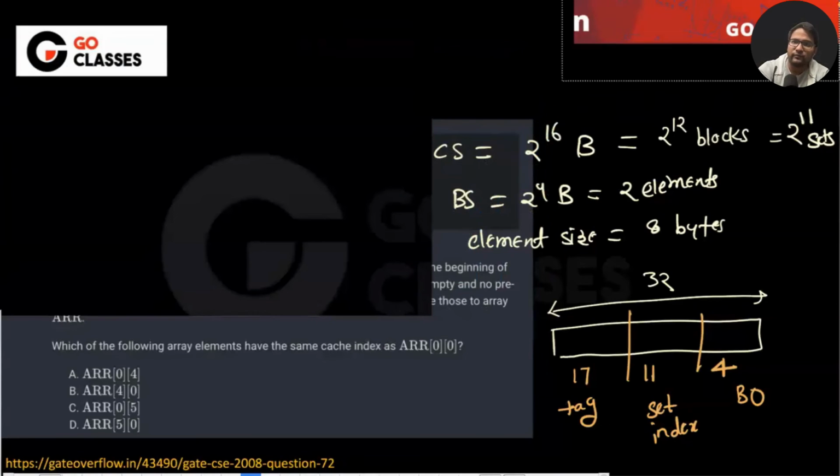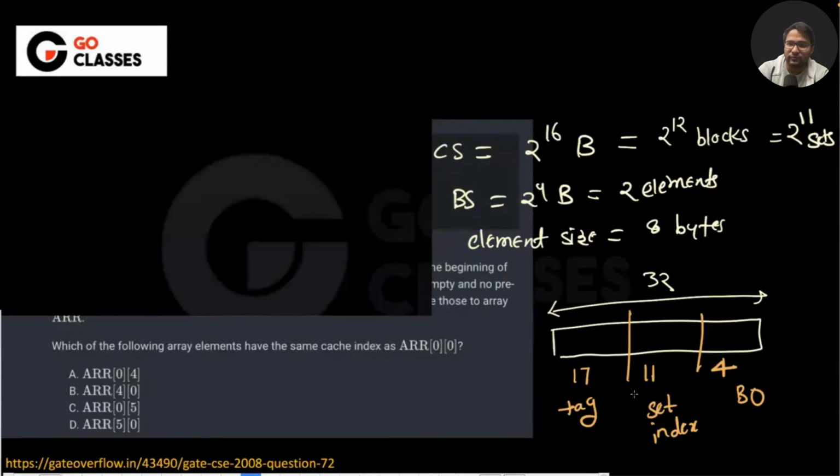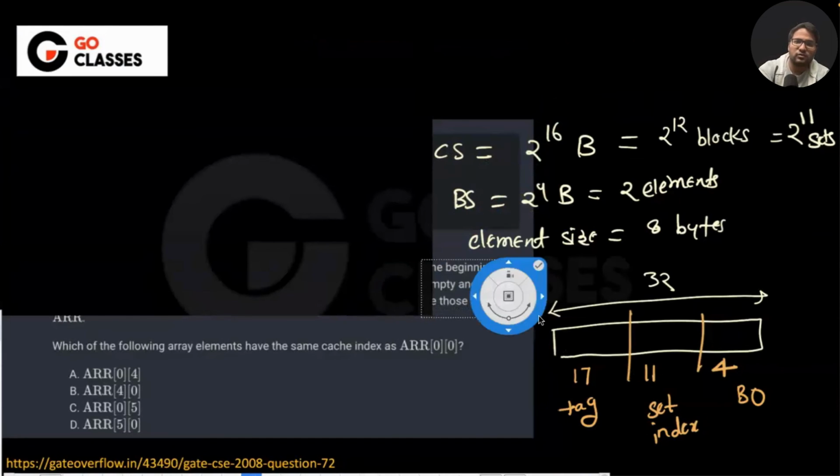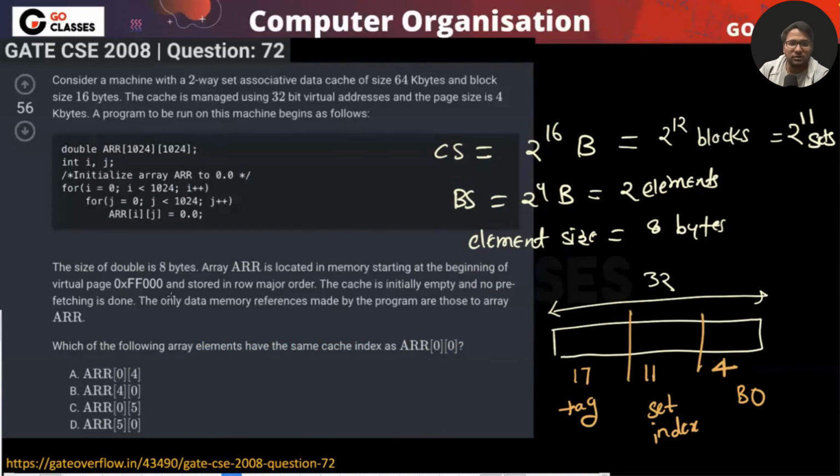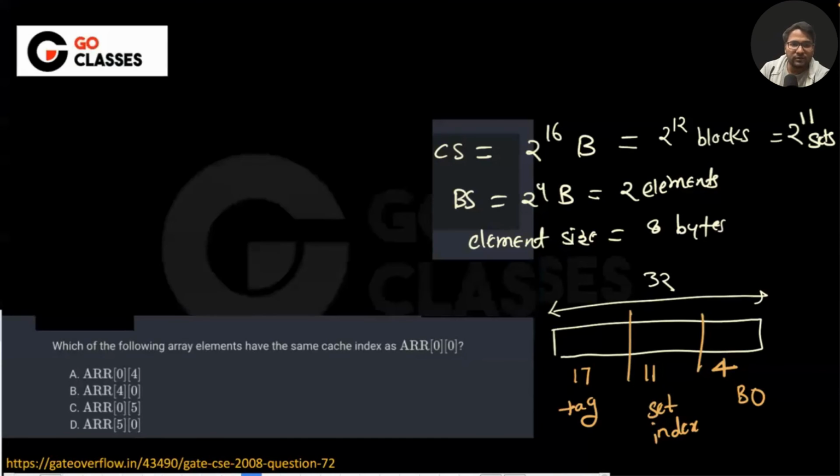So let's now solve it. See, 0xFF000 is the base address of the array, in hexadecimal obviously.